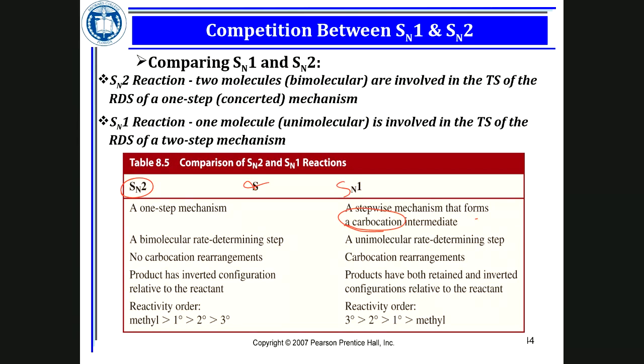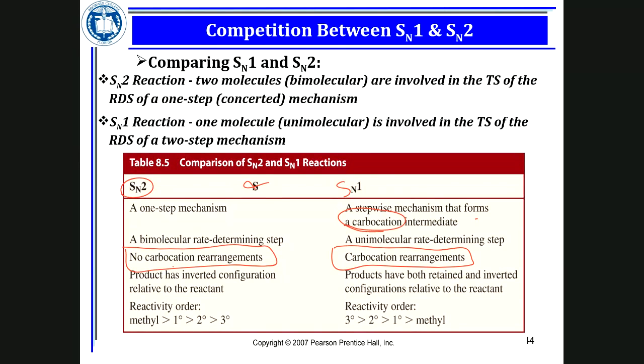For Sn2, there is no formation of carbocation, and there is no rearrangement of the carbocation. But for Sn1, there is a chance for rearrangement of the carbocation, and I will give you an example of what's going to happen.